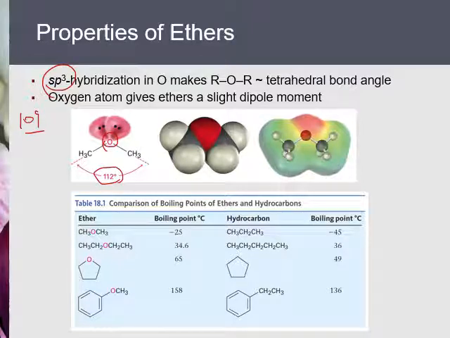Although the carbon-oxygen bond is polar, these two bonds are symmetric, so they cancel most of the polarity, and the whole molecule only has a slight polarity, a very small dipole moment. The consequence is that ether molecules have a low boiling point compared to alcohols with the same number of carbons.